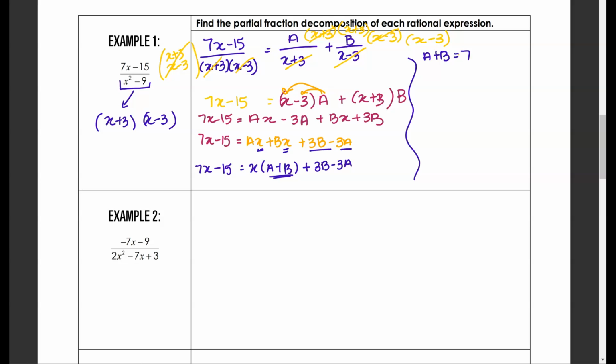And the second equation is going to be 3a minus 3b equals 15. Okay. All right, so let's figure this out.